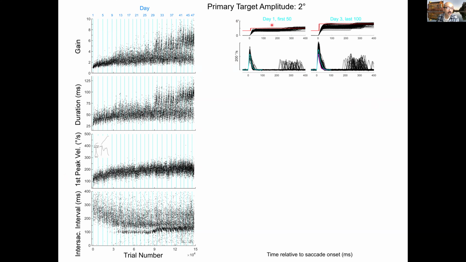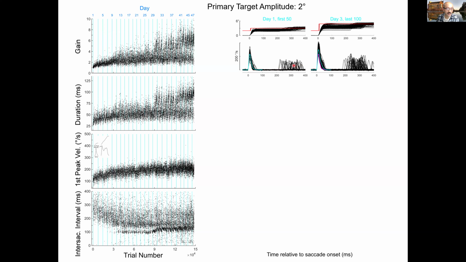Let's see the right column. This shows the first 50 of day 1, which we can consider the pre-adaptation saccades. You can see the velocity of the saccade is slightly above 100 degrees per second, and you also see the corrective saccades in the velocity profile.